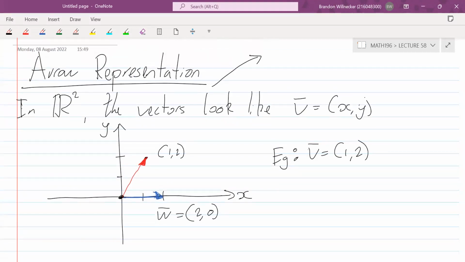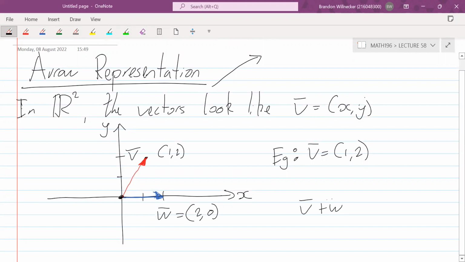Now, we could also use this arrow representation to work out the addition of vectors. So let's say we've got v and w, and we want to do v plus w. Now, on the side, we could work that out because we know how to do vector addition.